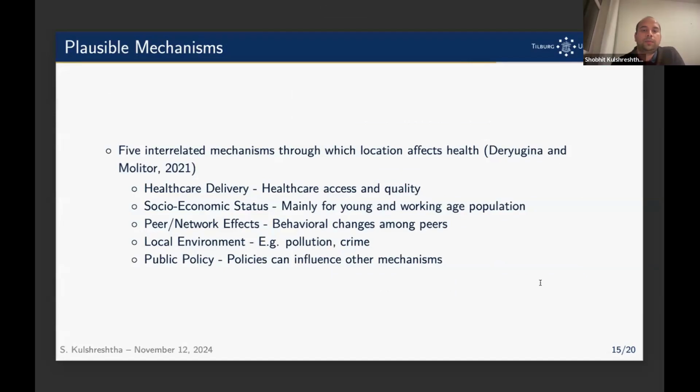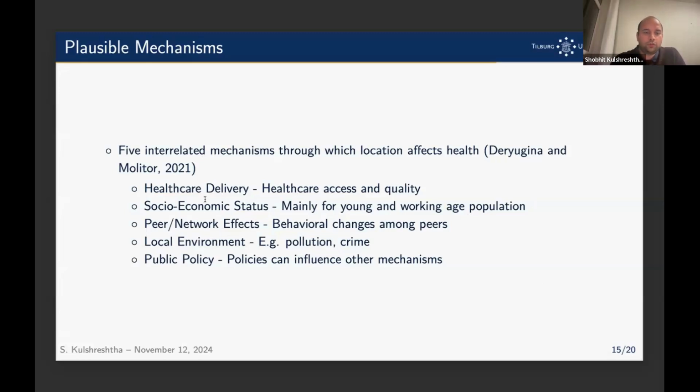This paper, in the Journal of Economic Perspectives, basically provides five interlinked mechanisms through which location can affect health. So I come up with some measures of these mechanisms just to see which municipality characteristics are correlated with higher place effects.